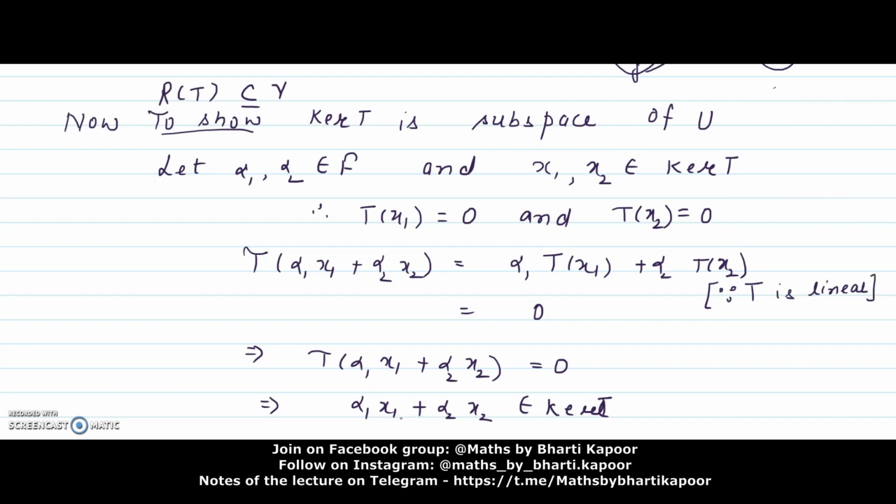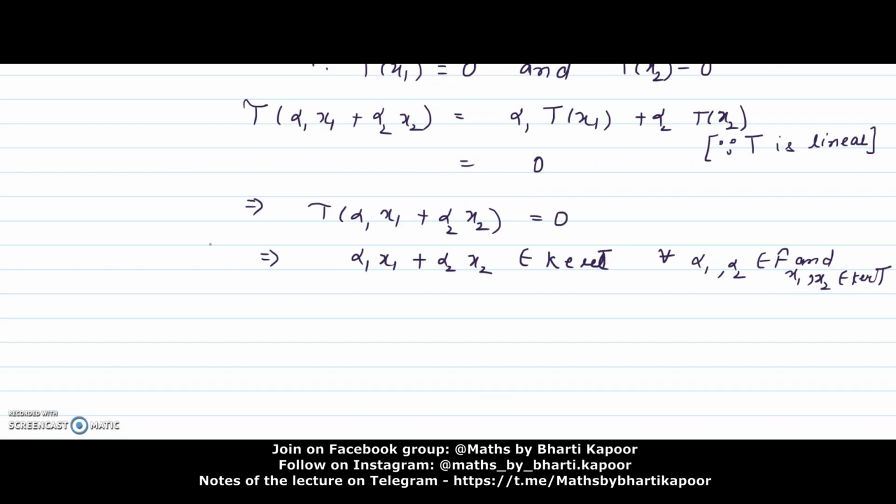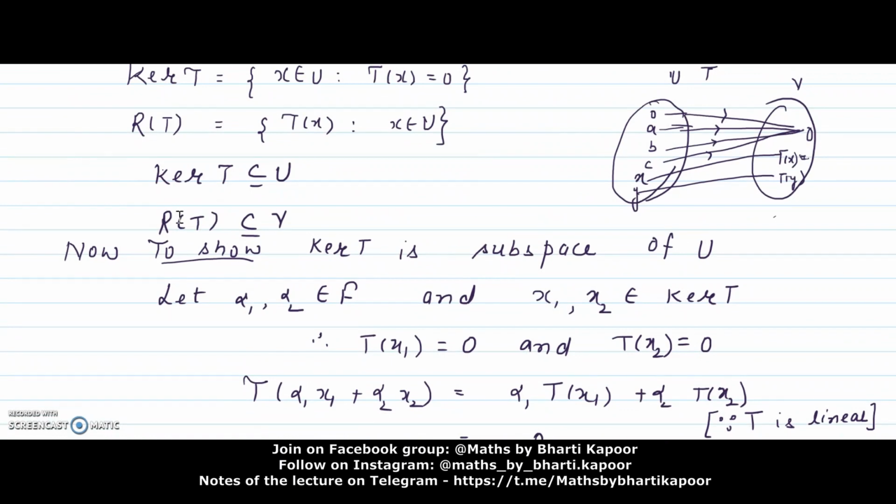So we get this expression as an element of kernel T for all alpha 1, alpha 2 belonging to F and x1, x2 belonging to kernel T. Now we can say that kernel T is a subspace of U because it was already subset of U.